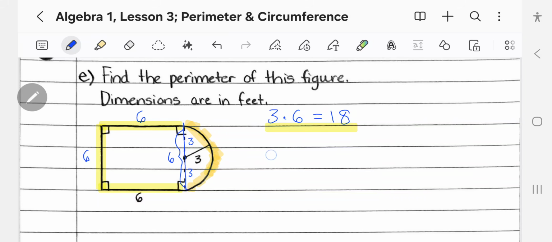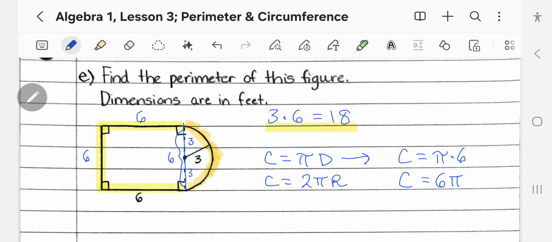We know that circumference is equal to pi times the diameter, or circumference is 2 pi times the radius. Here I can use either. I'm going to use the top one since I already have the diameter. Circumference is equal to pi times the diameter, which is 6. So I could leave it in terms of pi and say the circumference is 6 pi.